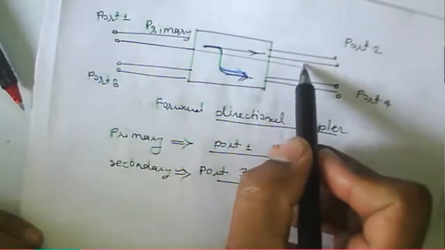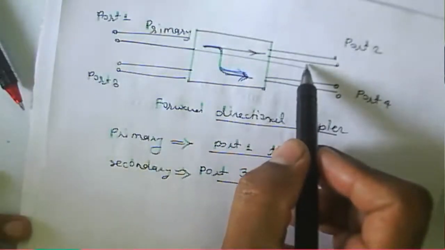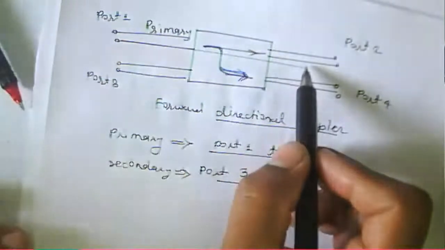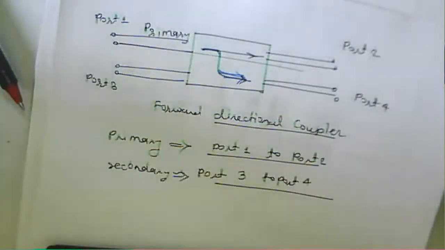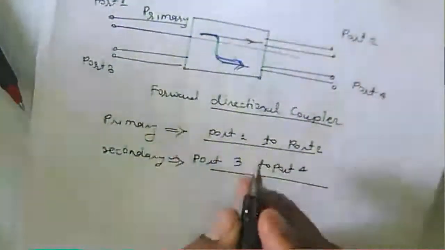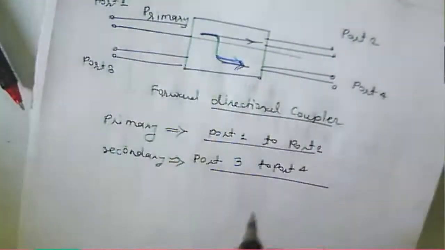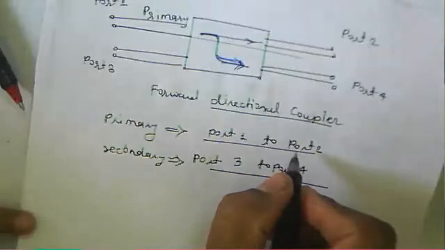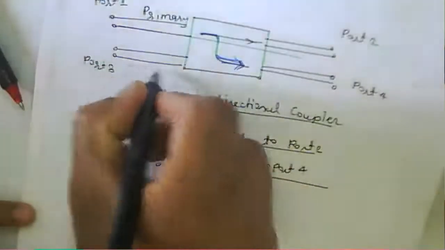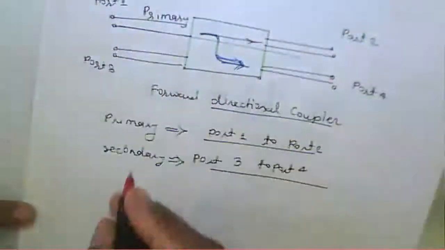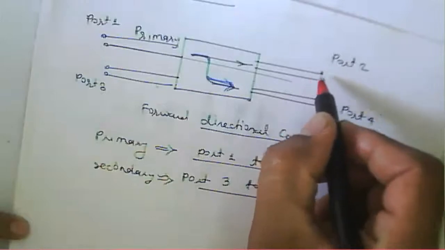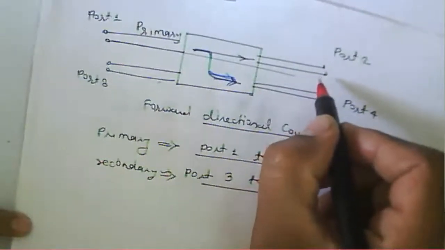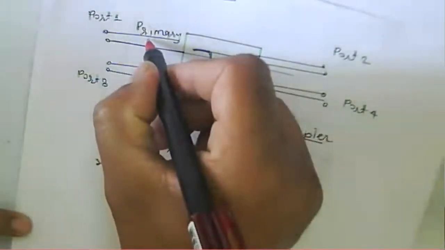Since it is the primary one, when we provide the input to port 1, output is available at port 2, but there is no transmission or coupling of power to port 3. Now, if we provide the input to port 2, output is available at port 1 and port 3.